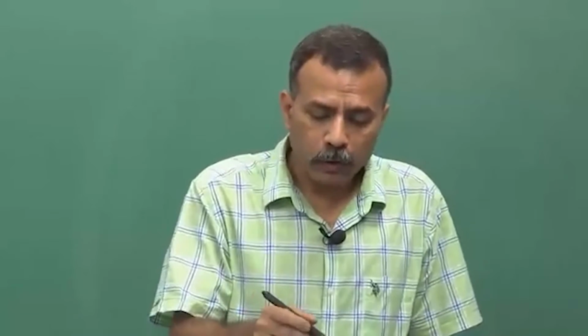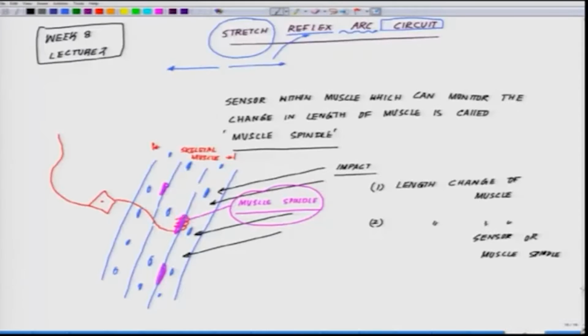But what we know for sure is that this huge chunk in blue that you see forms the extrafusal muscle, or extrafusal myotube, extrafusal myofibers, whereas this muscle spindle is the intrafusal fiber.